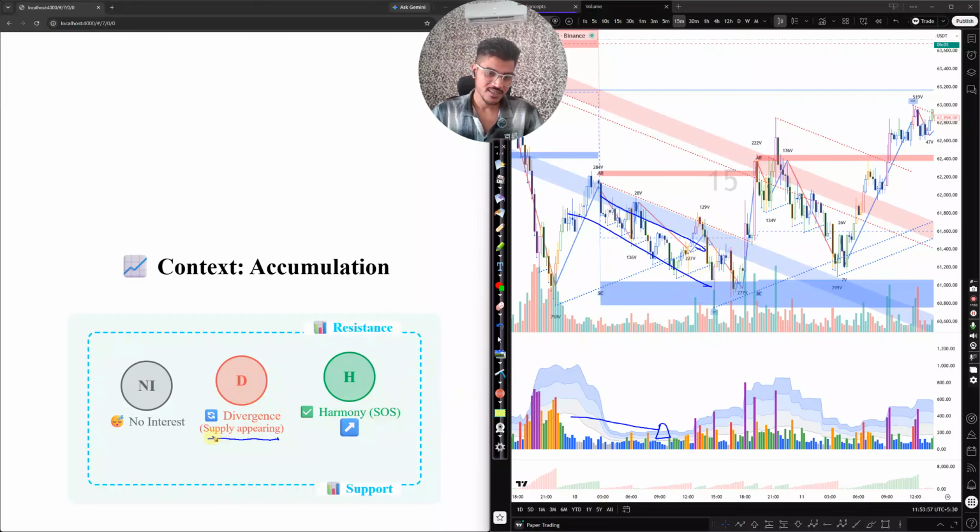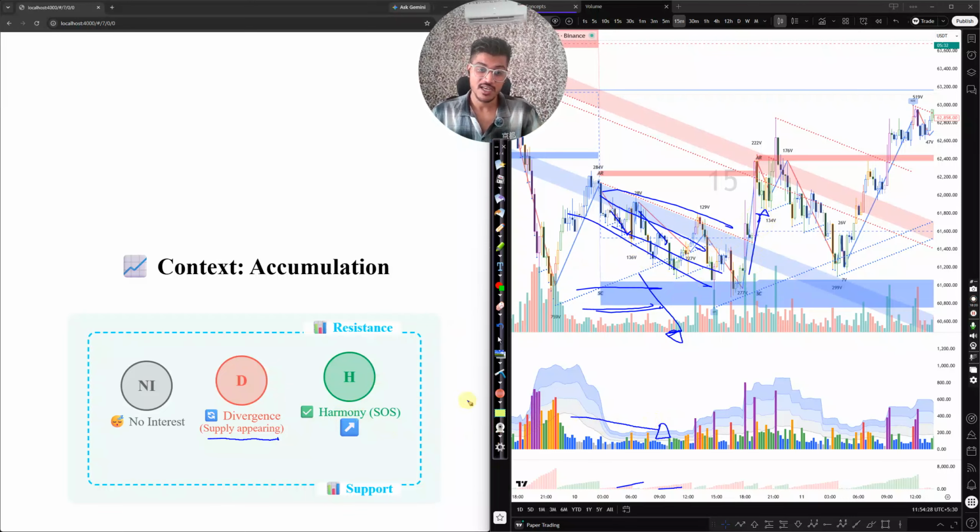Here it says divergence, supply appearing, meaning we are putting in the effort but there is no result. The market is trying to push the price down, but it just can't go down. That's what we call divergence: it shows supply appearing, but it is basically being absorbed.